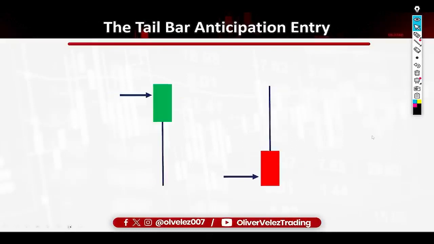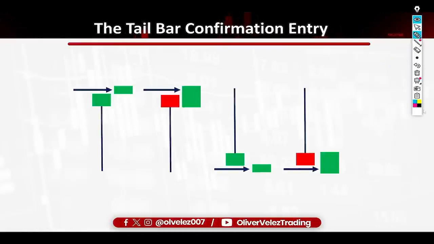The 2 ways we enter tail bars are we have an anticipation entry on the tail bar. Now, this is important to understand. If your tail bar stays normal like this, what's normal? The body is little. The tail is sizable, but the body's little.